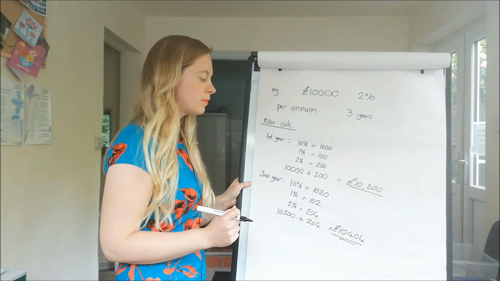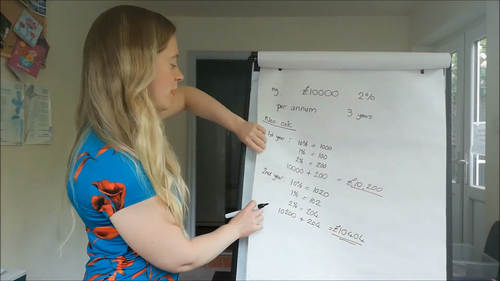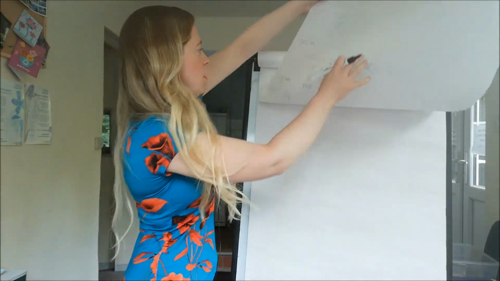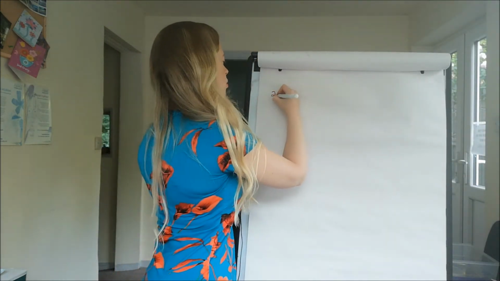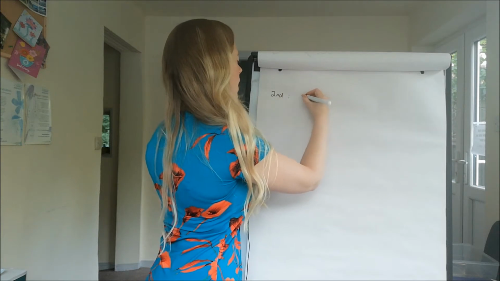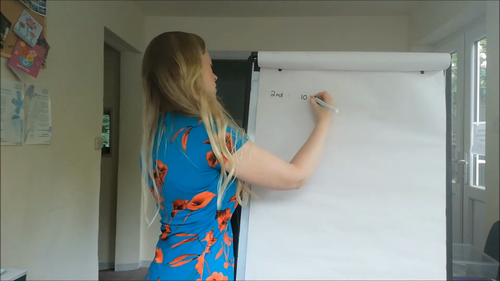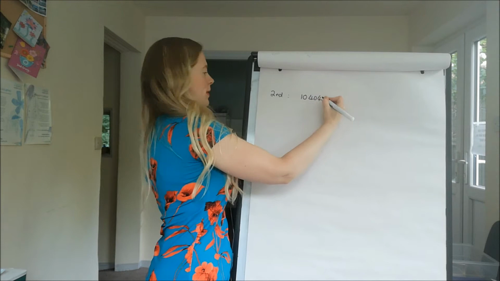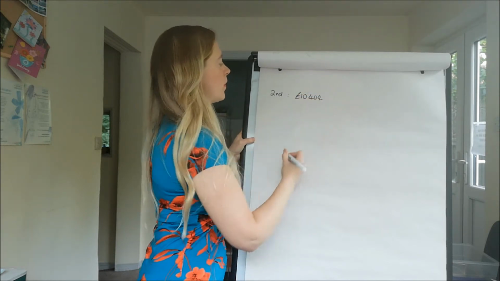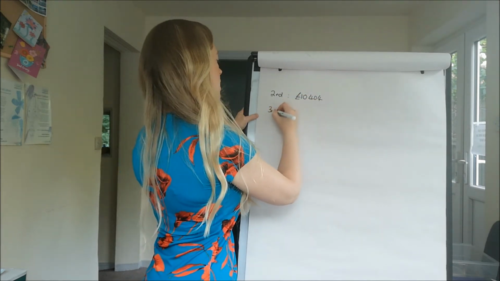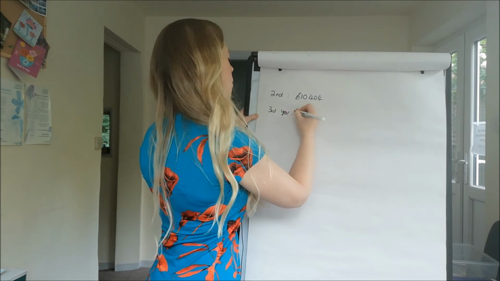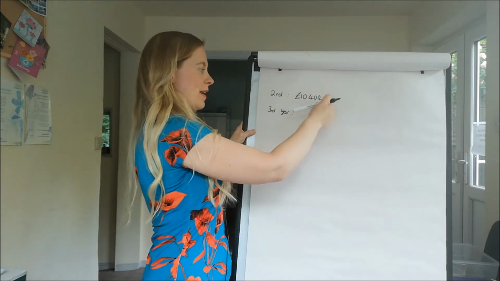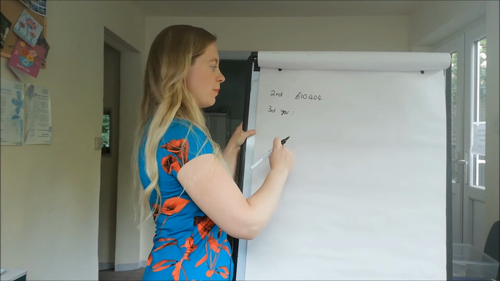Okay. I'm going to have to turn over because I've run out of space. So after 2 years, we have £10,404. In our third year, we would then have 2% of that added on.